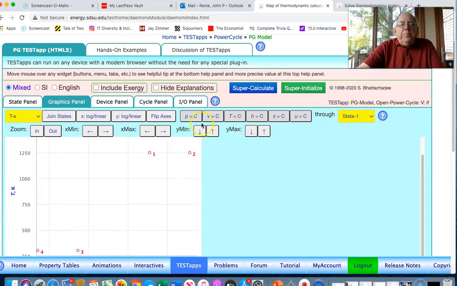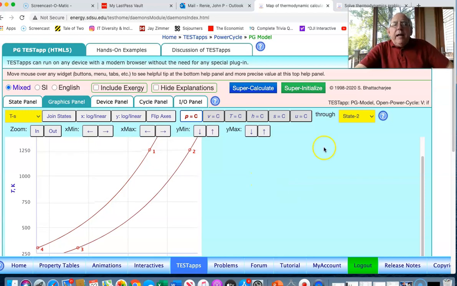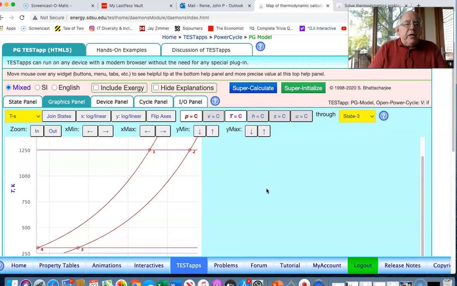And if I were to put a constant pressure line through state 4, that's one side of the heat exchanger. If I go to state 2, I can put a constant pressure line through that. And then I have these constant temperature lines that I can also put in. Here's the constant temperature at the 1250, and I can go down to state 3 and put in the constant temperature at 30 degrees there. So that's the diagram for this Ericsson cycle.